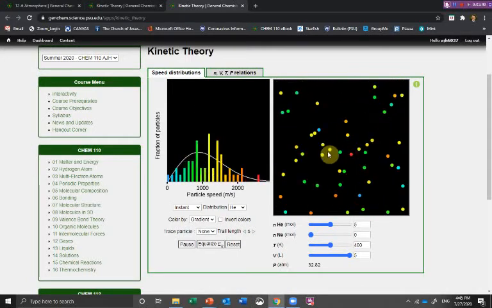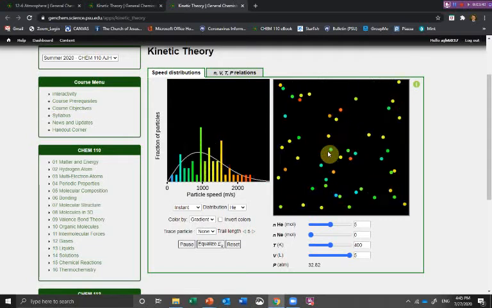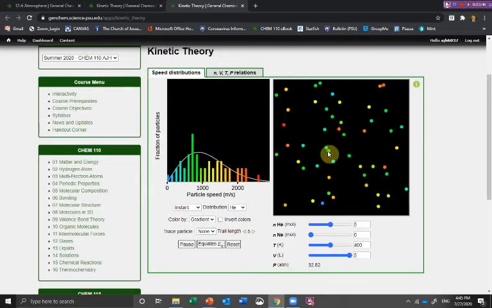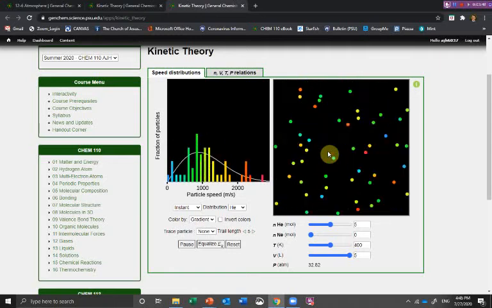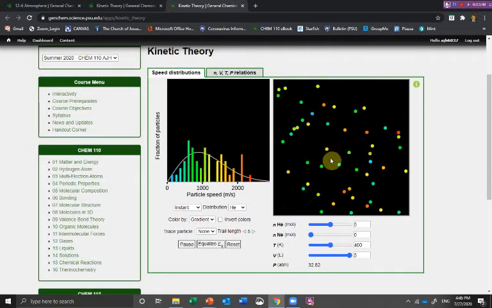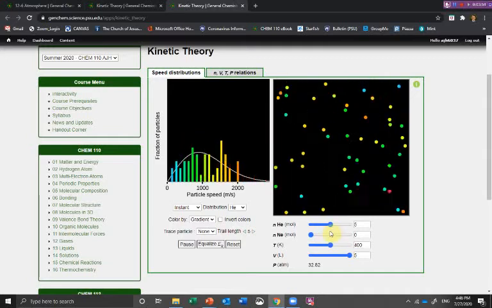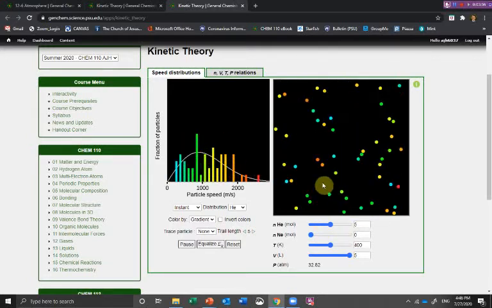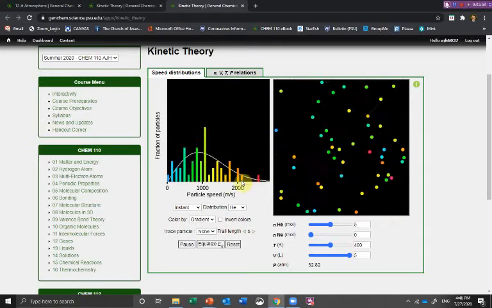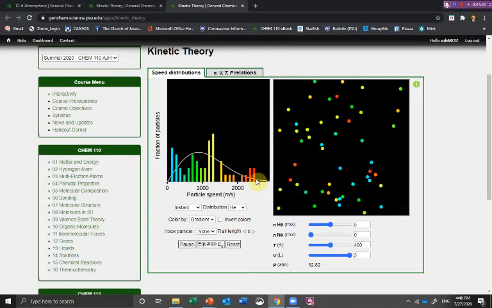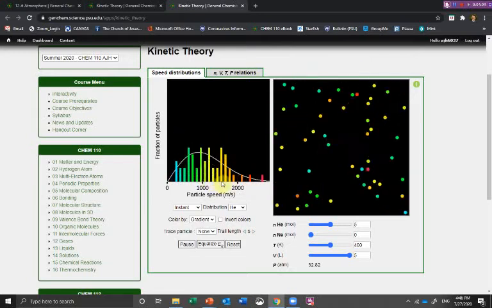So in here, you can see the gas particles moving around. And if it's a little choppy in this video, then I recommend taking a look at this application on your own. Right now we have just helium particles bouncing around. What you'll notice here in the middle of the screen is a distribution of speeds.